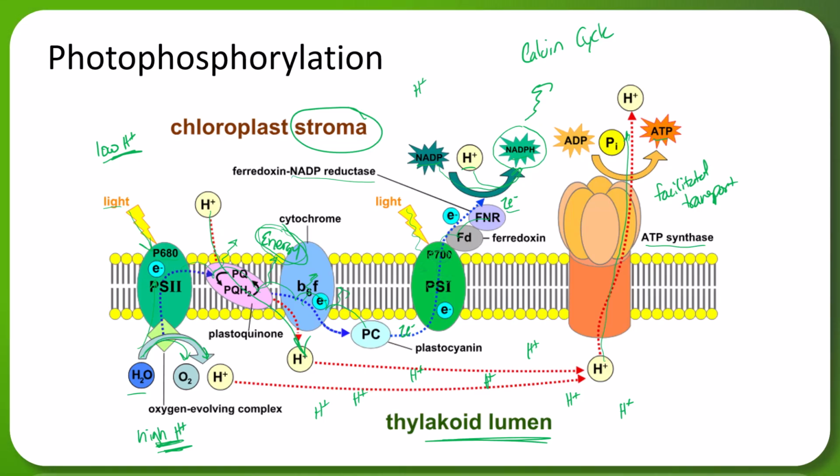So they go from an area of high to an area of low. Those H plus ions are going to flow through ATP synthase, and as 3 H plus ions move through ATP synthase, that's going to be enough energy for this enzyme, ATP synthase, to synthesize or produce one molecule of ATP.